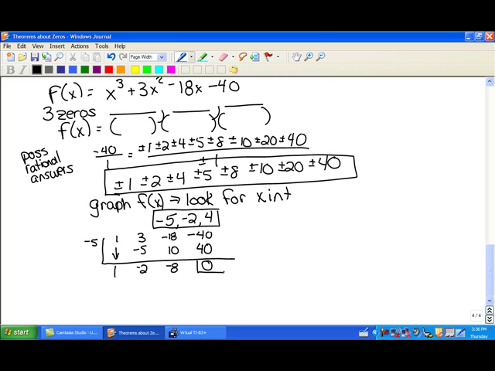We're looking for a 0 remainder, which we have. Therefore, the first answer to this is going to be negative 5. If the first answer or zero is negative 5, that means the first factor has to be x plus 5.